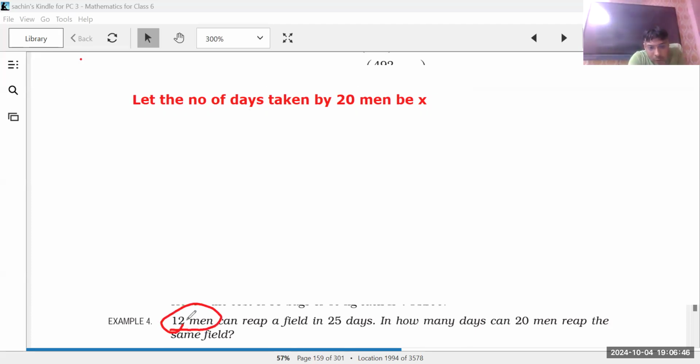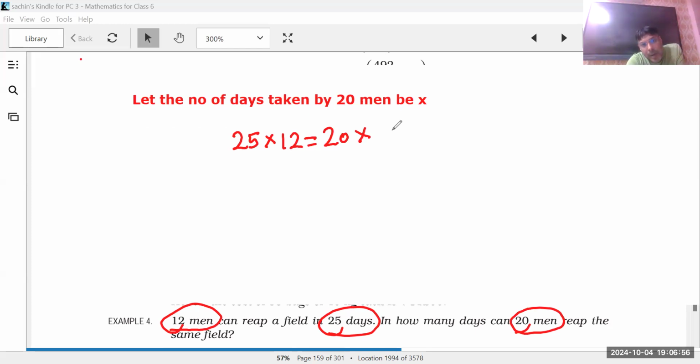So the product of 25 and 12 will remain constant. That will be equal to 20 men into X days. So X will be equal to 25 into 12 divided by 20.